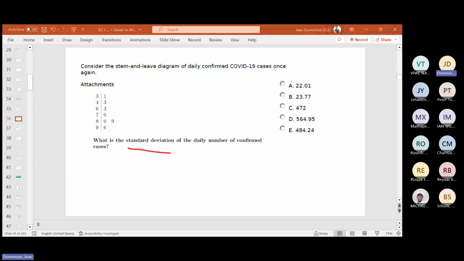And look there, 22.01 is also given. So if you calculated it by using the population standard deviation, there will be, unfortunately, an answer for you.